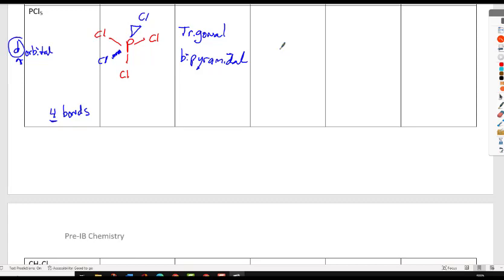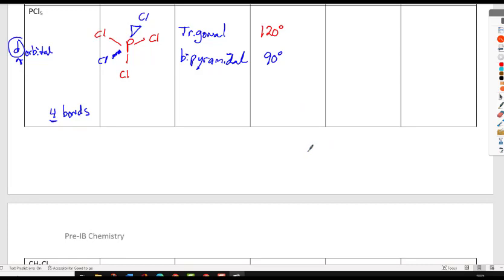So the bond angles: these 3 that are red, that are all in the same plane, are similar to trigonal planar. So those 3 that are in red will be 120 degrees apart. And the 2 that are in blue there will be 90 degrees apart.